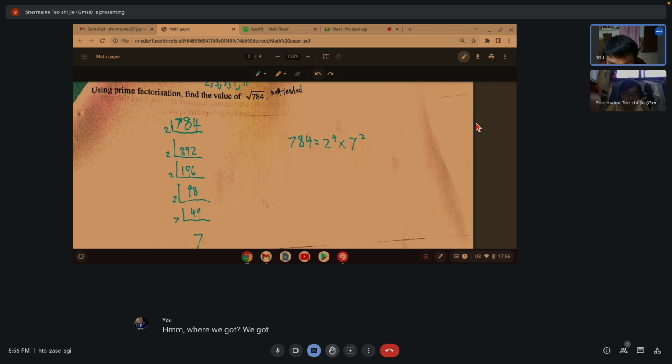So now what you do? You put a square root on top of the 784. And then you put the square root on top of your 2 to the power of 4 times 7 to the power of 2.